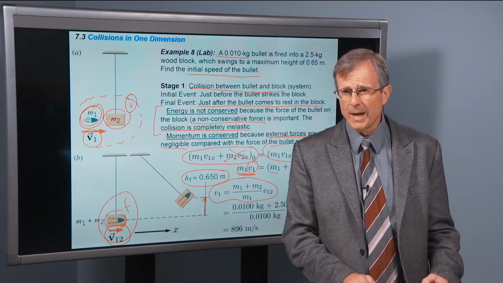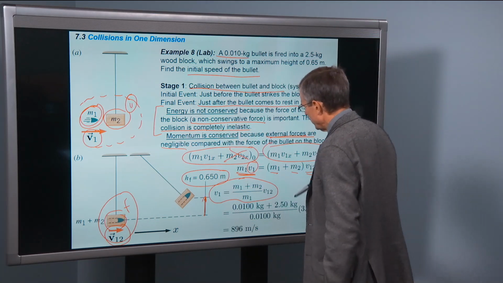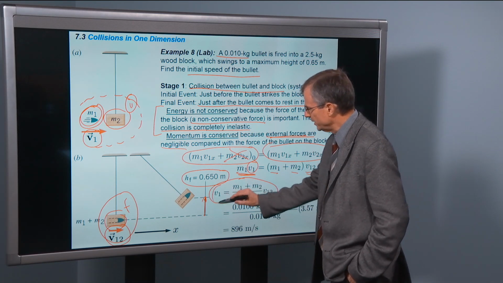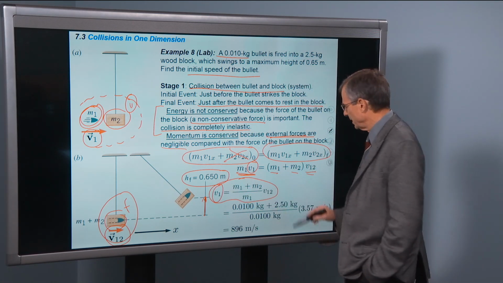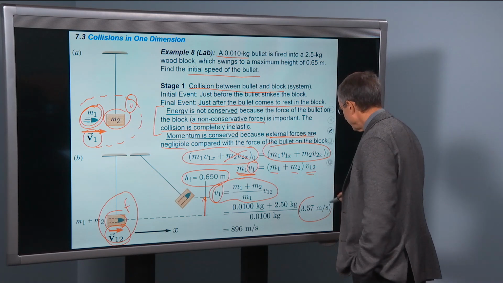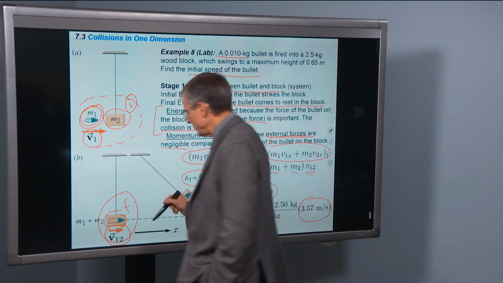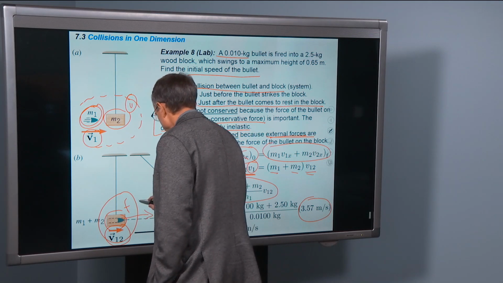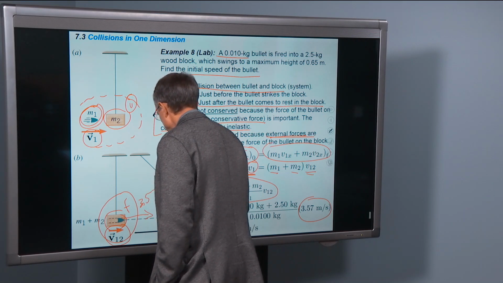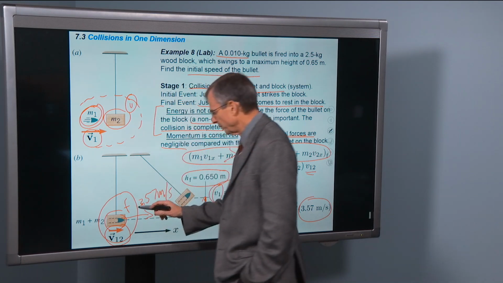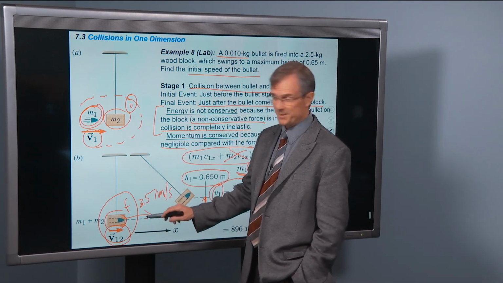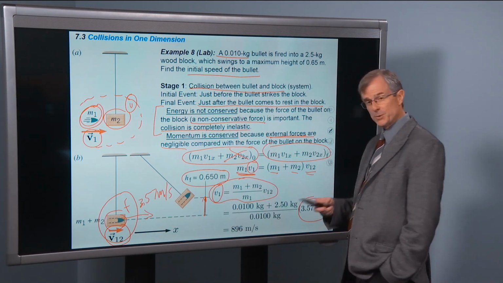So let me go back and note that in order to find the initial speed of the bullet, I needed this 3.57 meters per second, the speed of these guys after they come together. You might not be able to read that very well, but it says 3.57. You have to trust me on that one.